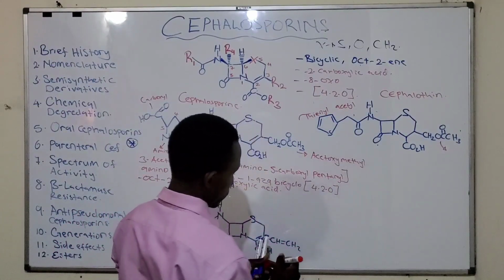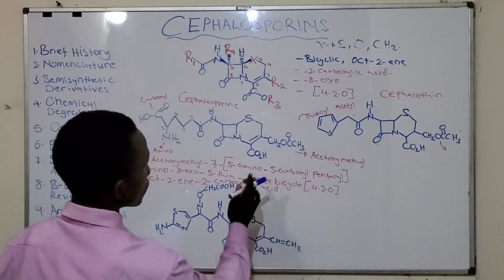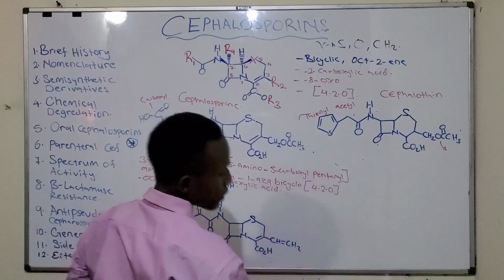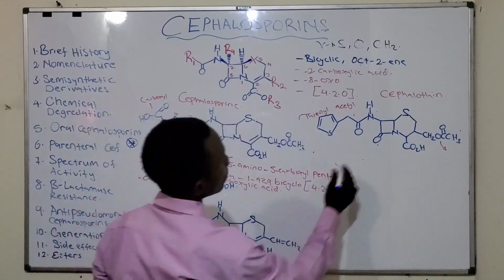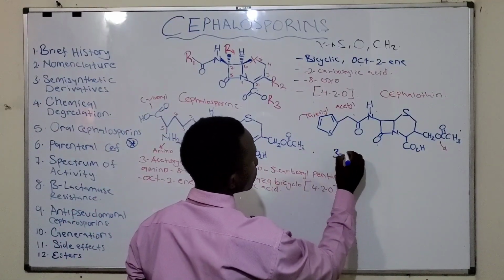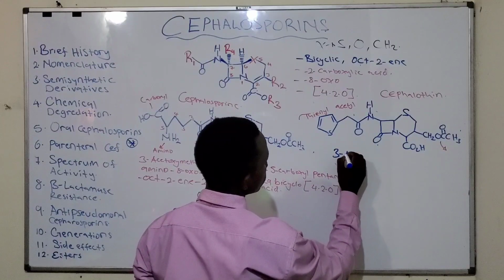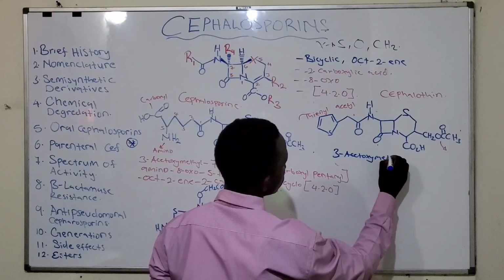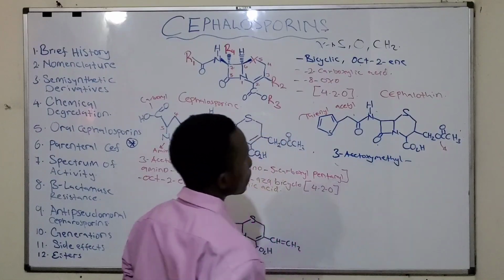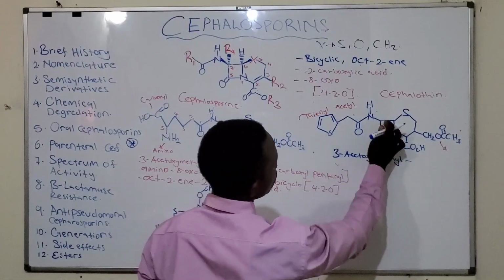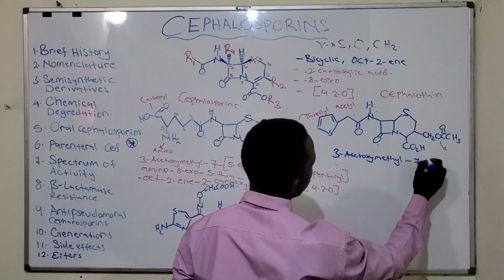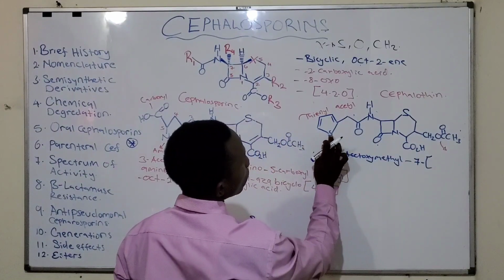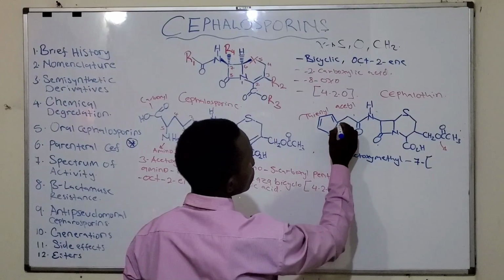So it will be, let me use blue to differentiate from this one. So it will be 3 acetoxymethyl. Then at position 7, we have, so it is, this is 1, 2.